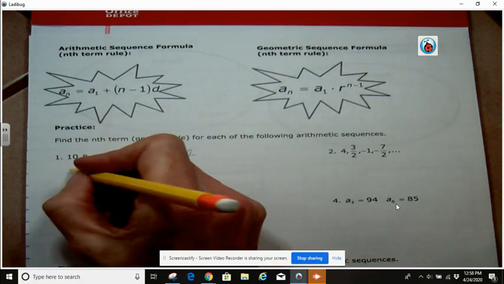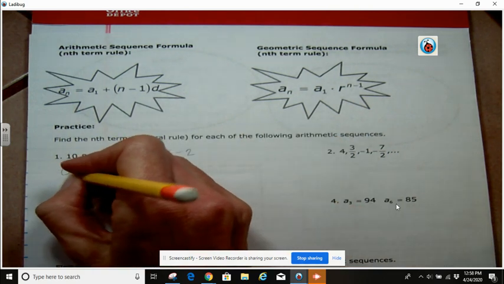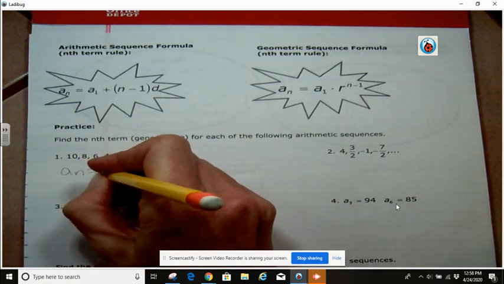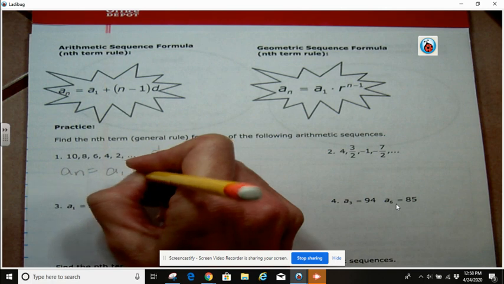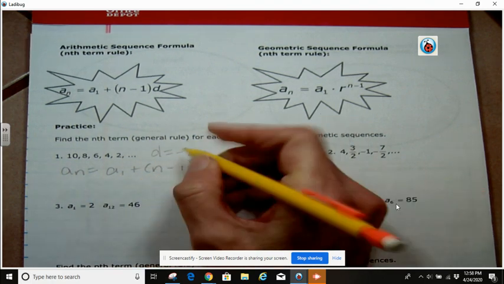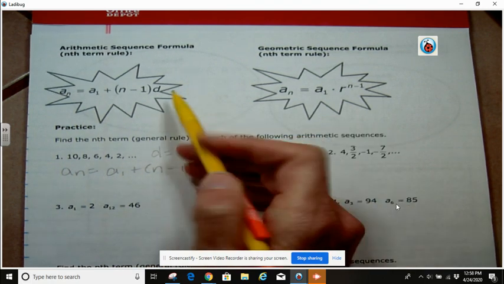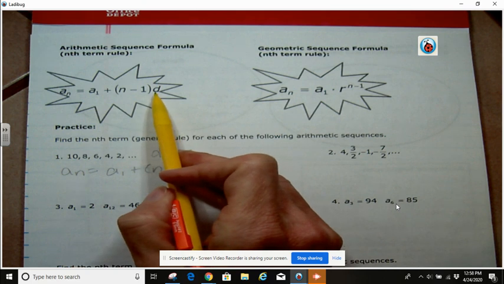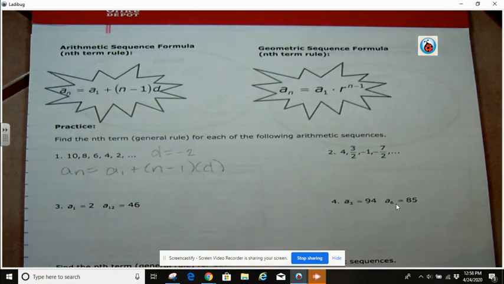So to write the nth term or the general rule, we use a sub n equals a sub 1 plus n minus 1 times the common difference. Even though the formula never has a parentheses around d, I would get used to doing that because when d is negative, then it can be mistaken for subtraction instead of multiplication.